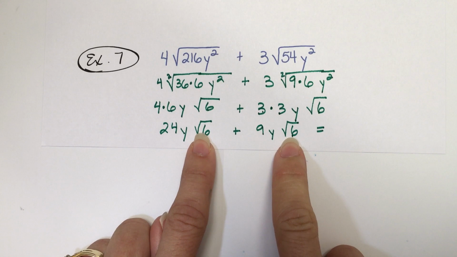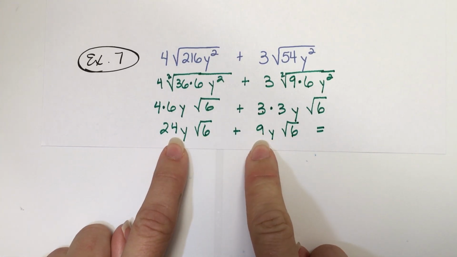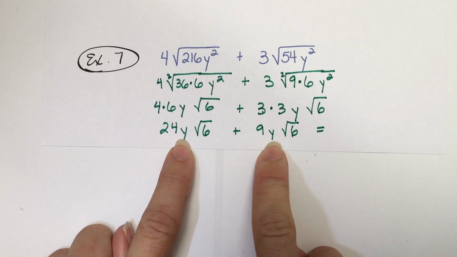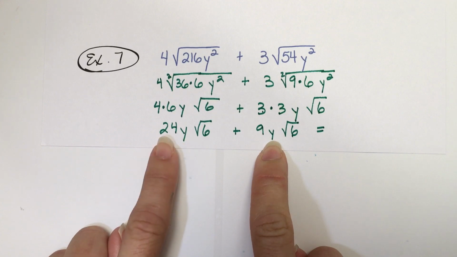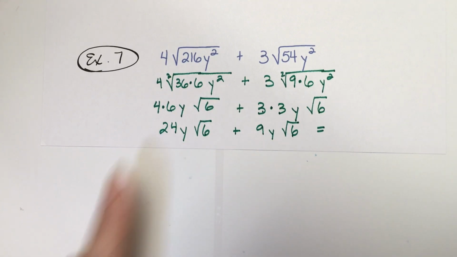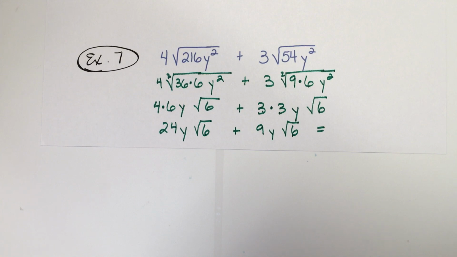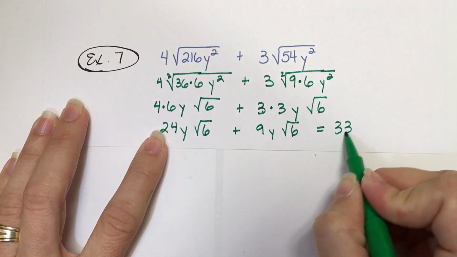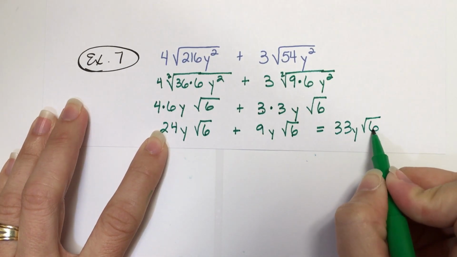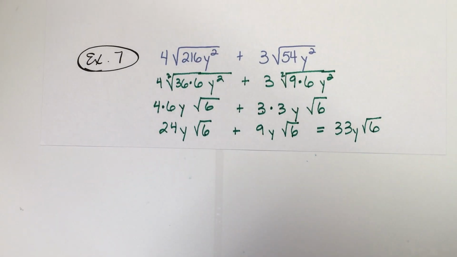Okay, so these are the same. I can combine these together, even though I've got the y's, it's just like terms. So a 24y plus a 9y is going to give you a 33y. So you'll have 33y square root 6. There's your answer for that one.